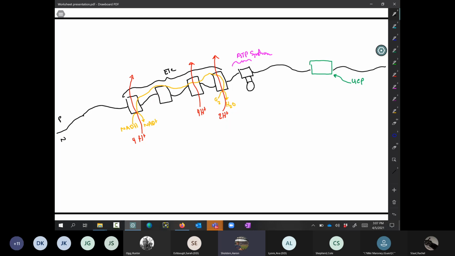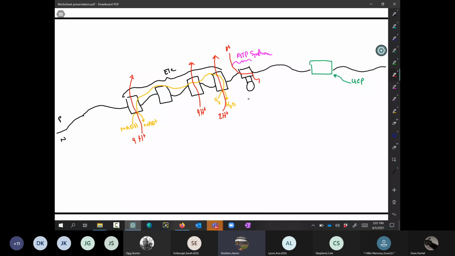Now, when we consider uncoupling and ATP synthase, we know that many of these protons will go through here, in this complicated process we've talked about, and generate molecular force that allows conformational changes and the production of ATP.